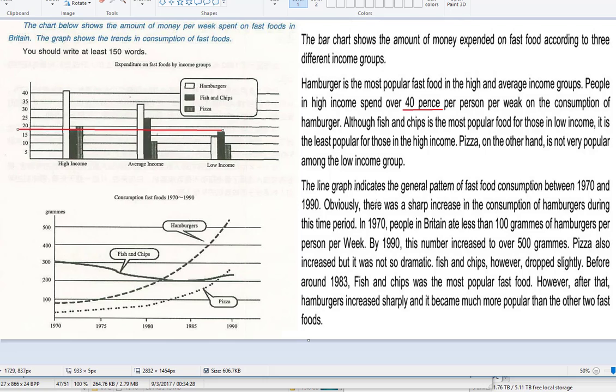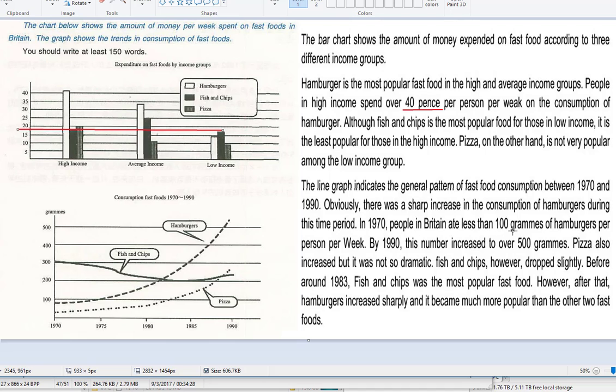The line graph indicates the general pattern of fast food consumption. Yeah. Obviously, there was a sharp increase in the consumption of hamburgers during this time period. This is too lengthy. These 2 sentences should be combined so you can get this number in.